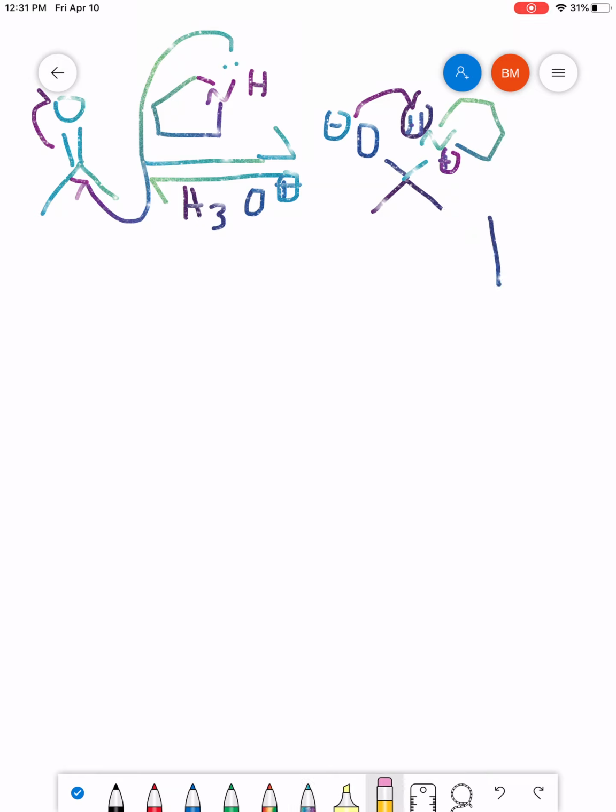A little stray mark there, getting rid of it. So that gives you your neutral OH, and your neutral nitrogen gives you to your carbinolamine, right?